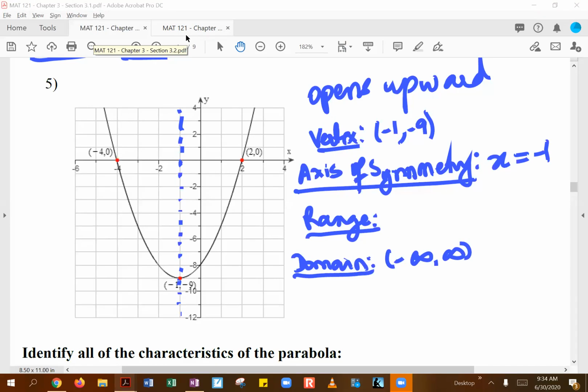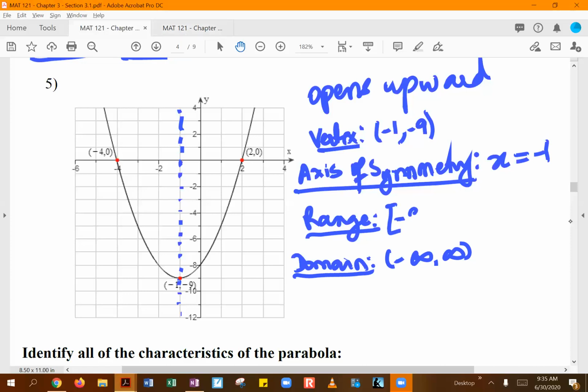Meredith, very good. It will be going from -9 to infinity. Lori, you've got -1. Now remember, -1 is the x value, not the y value. And the range is always going to be the y value, right? So you have to start from -9. And since you're heading upwards, you're of course going towards positive infinity. And this one would of course be including -9 and going up to positive infinity.